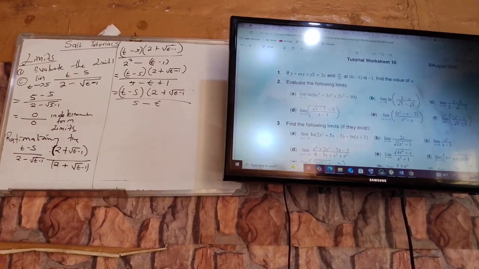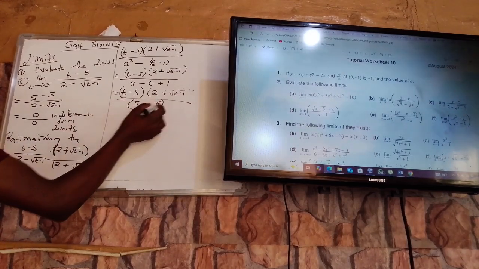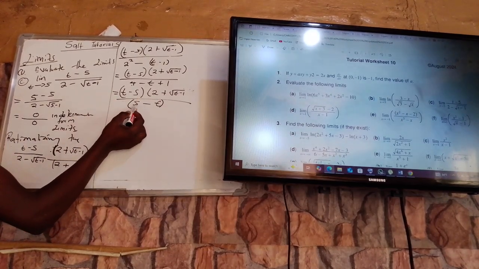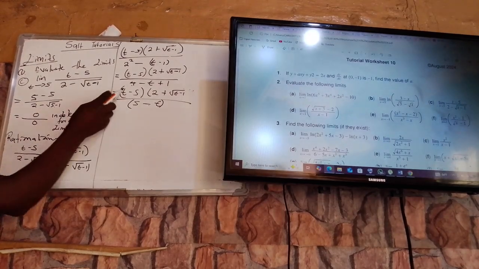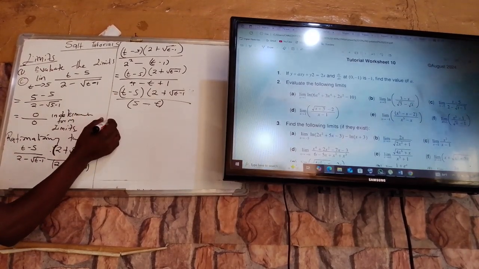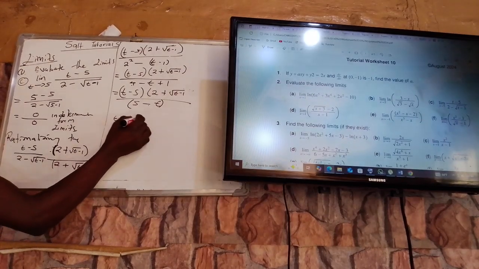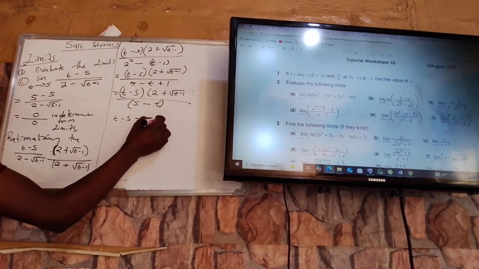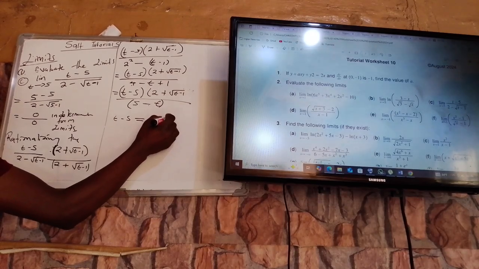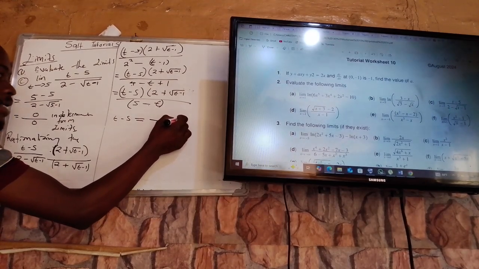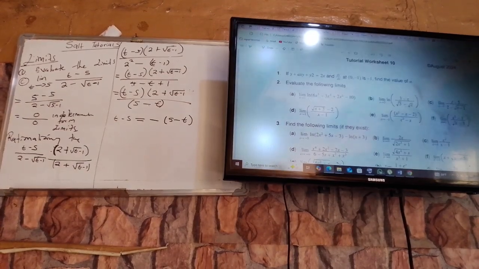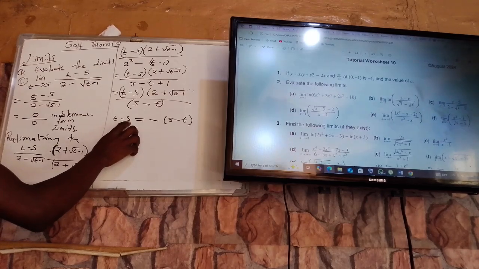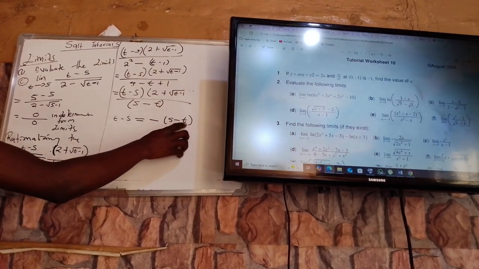Now, we've seen that in the numerator there's t minus 5 and in the denominator there's 5 minus t. These two are not the same, but we can make them the same. We have to understand that t minus 5 is equal to the negative of 5 minus t.